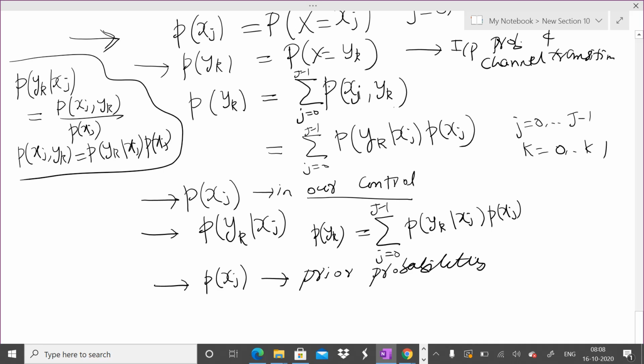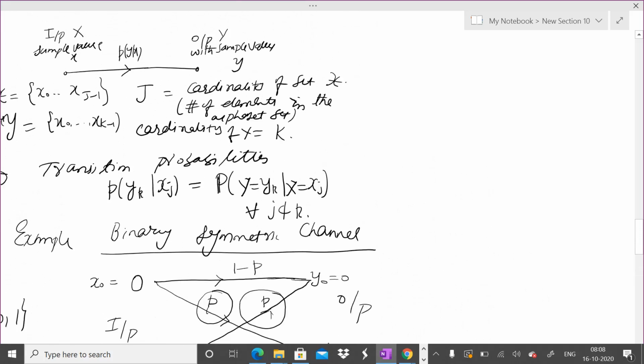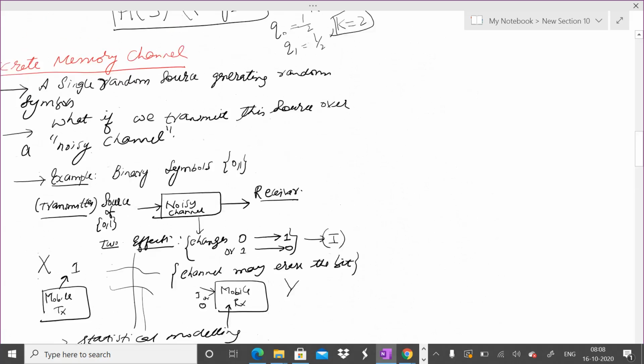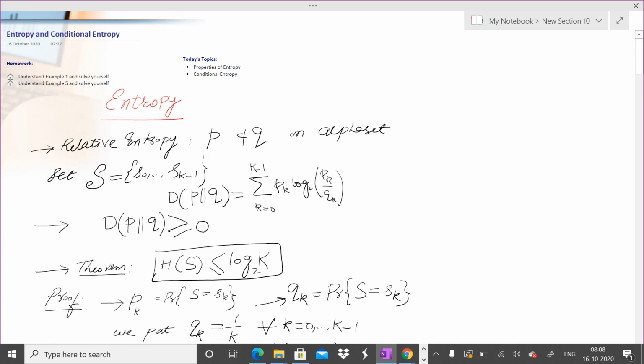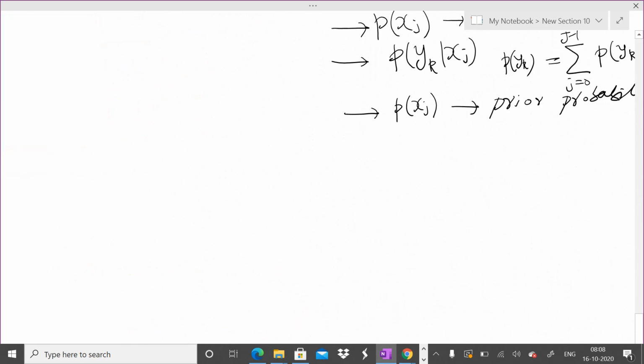We have developed a notion of the binary symmetric channel, and in the next class we are all set to define mutual information. But before that, we will define conditional entropy, which I have written here also, but it will be covered in the next lecture. I will just give a hint of what it is.